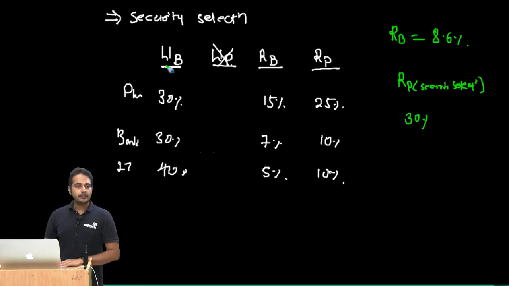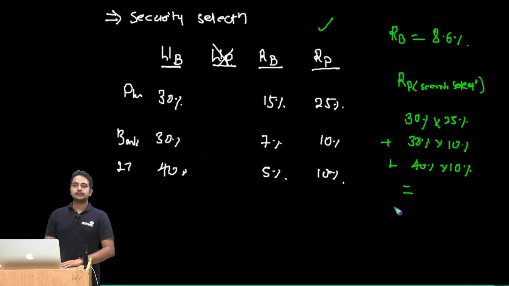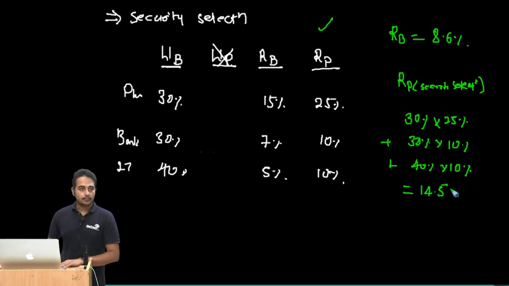His weights are same as the benchmark, 30% into 25%, 30% into 10%. I'm using the actual returns here. 40% into the 10%, how much would that be? 14.5. Okay.